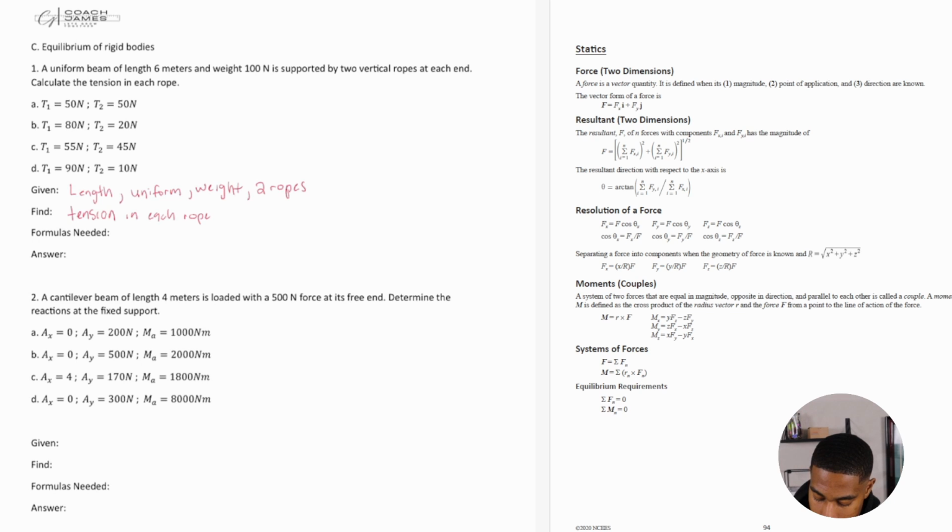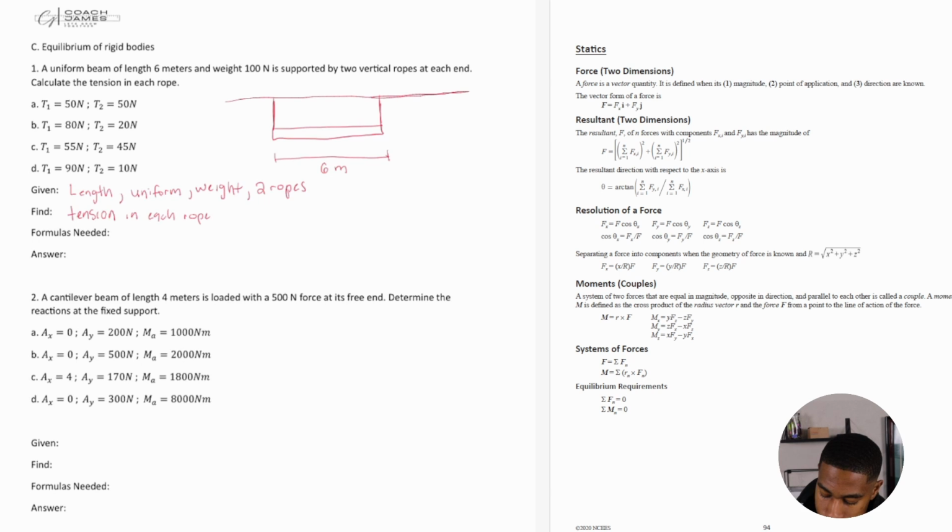So it says a uniform beam. We got this beam, right? This little beam from here to here is 6 meters, right? And we know that it's got a rope here, and it's hanging up.